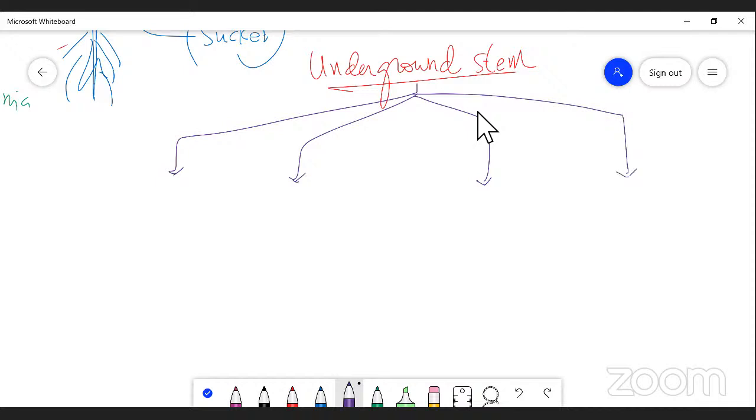So the first type is, let me take, bulb. The second category is corm. The third category is tuber. The next category is rhizome.